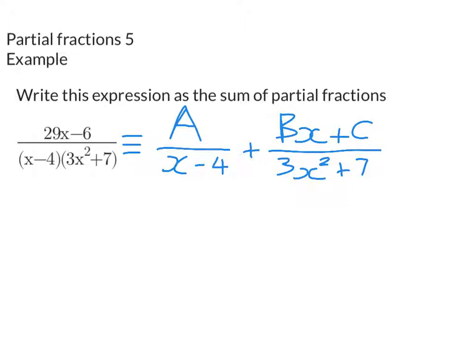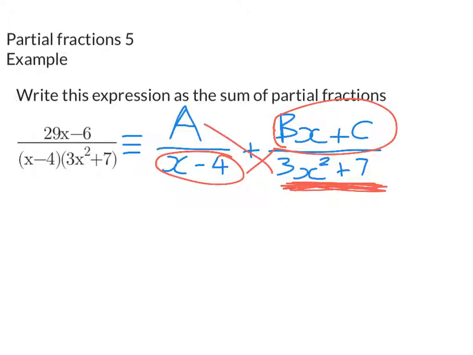The reason is that this term times this term is going to give me an x squared, a quadratic, which is what I need, because when I multiply my 3x squared plus 7 times my constant, I'm going to have an x squared. Okay, so that's where we're going.